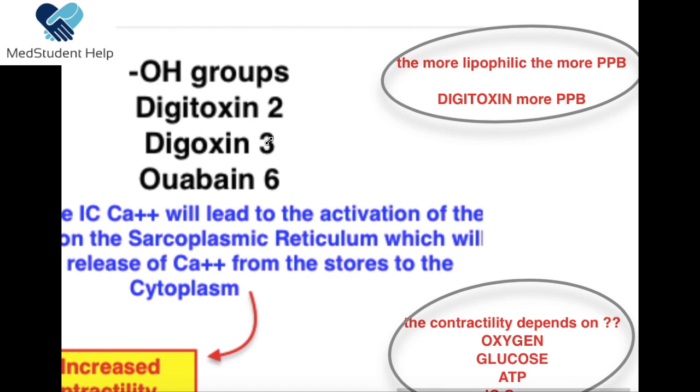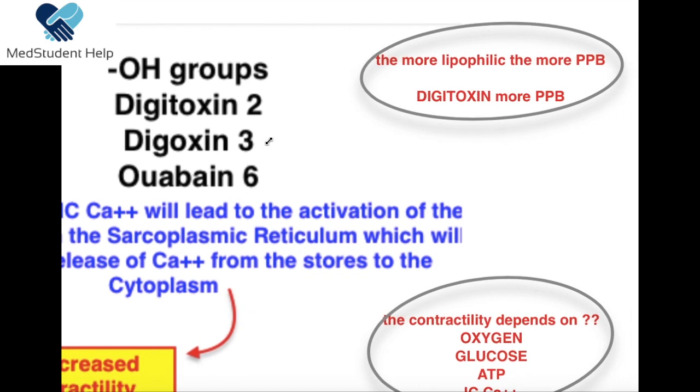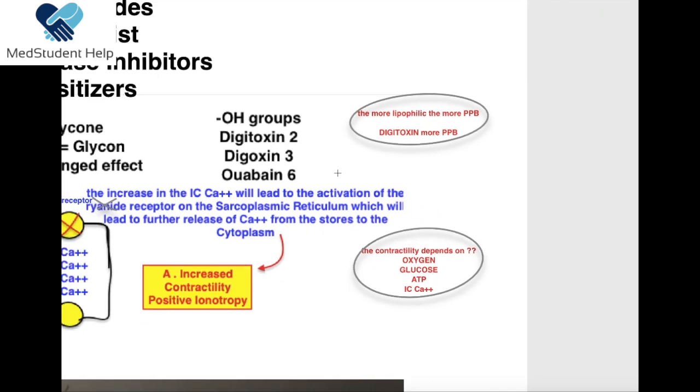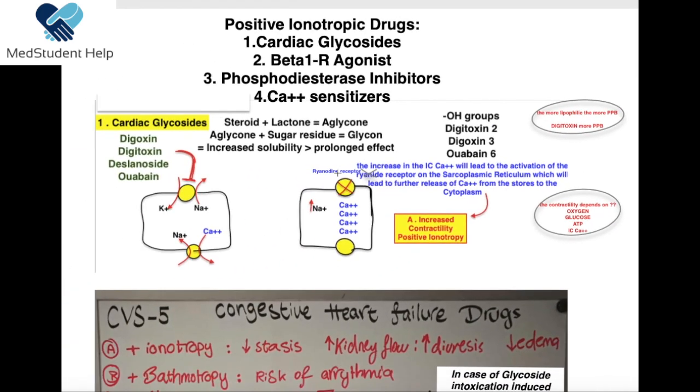We know that if the drug is more lipophilic, it means more proteins will bind to it in the plasma. So digitoxin is the most lipophilic, meaning that it will have higher plasma protein binding than all of the others.